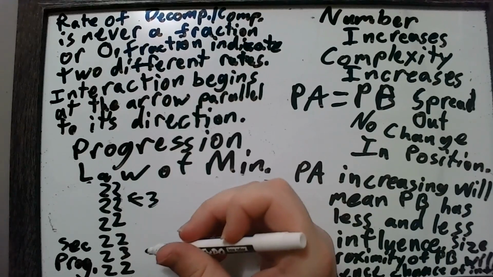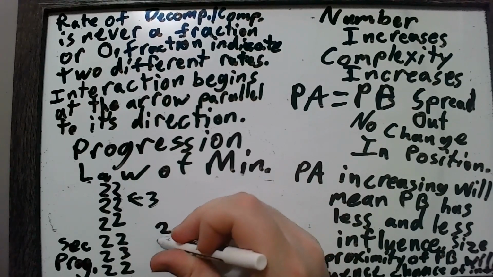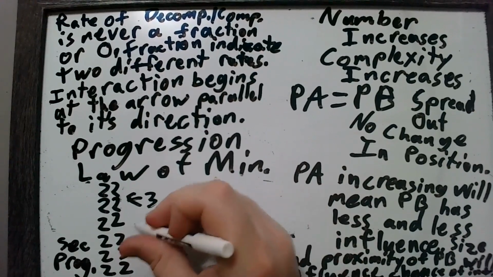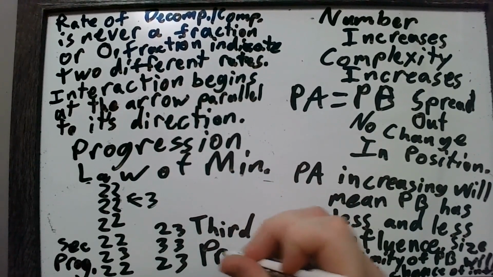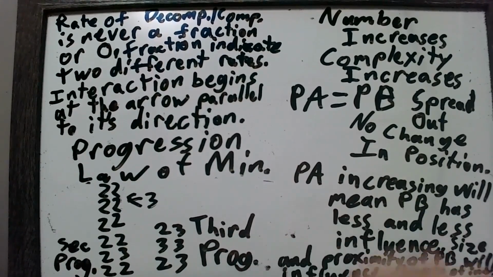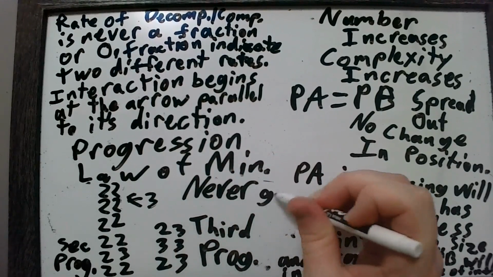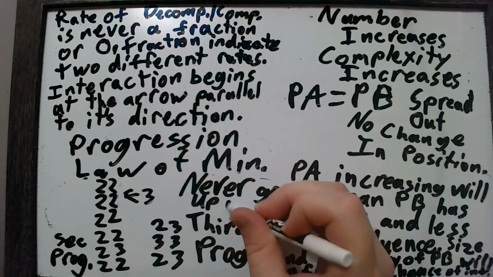For the third progression, what it's going to do is it's going to do this. 2, 3. For the third progression, right? This is migration. It migrates values based off of the quickest way to spread all of that pressure. And it never goes up.